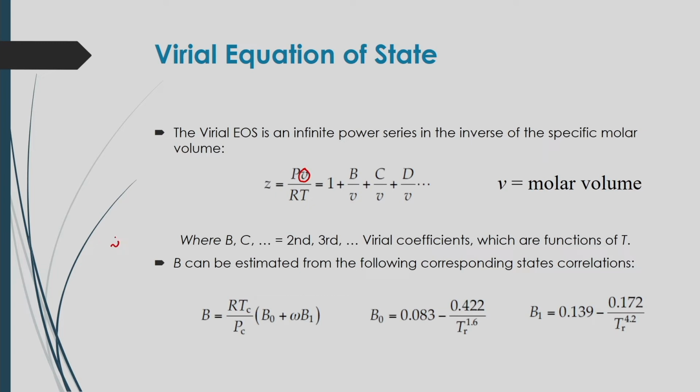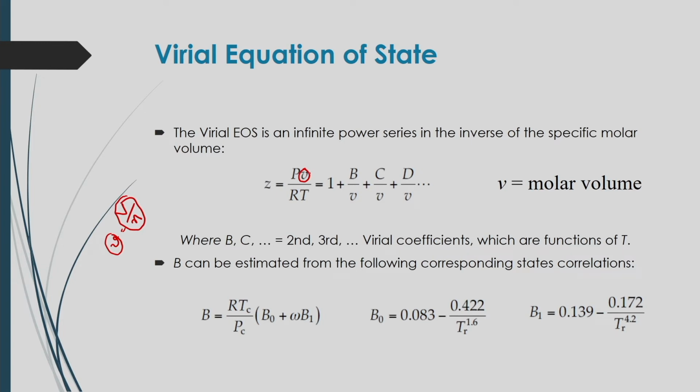This small v is nothing but capital V by N, where capital V is the volume of the gas and N is the number of moles. So small v, a specific volume on a mole basis, is called the molar volume.